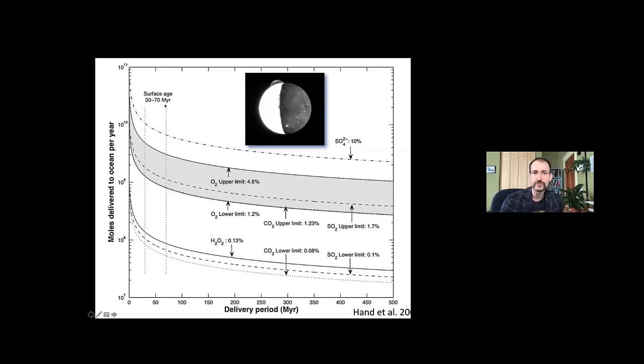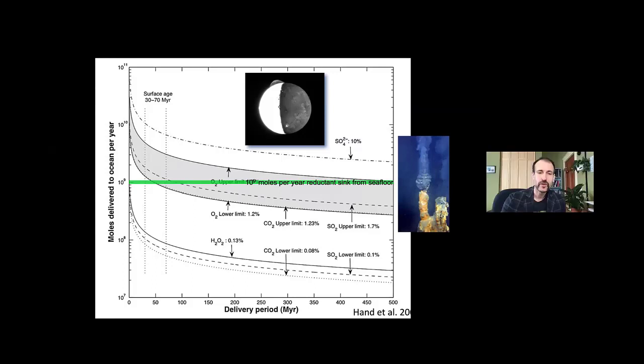I think that range might be as old as 200 million years, or even a little bit more. But in any case, depending on how long it takes for materials to be delivered to Europa's ocean, and based on estimates of the generation of oxidants at the surface, you can come up with an estimate of the flux of oxygen, hydrogen peroxide, and other materials into Europa's ocean.